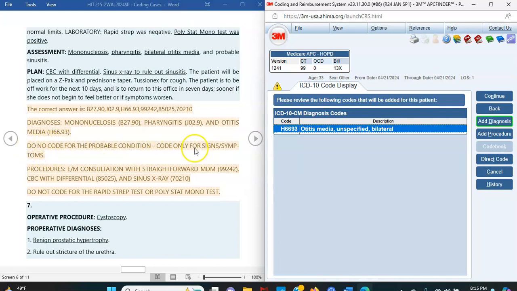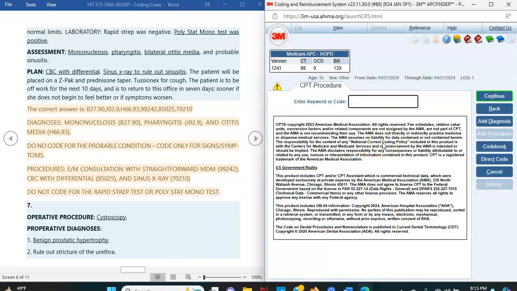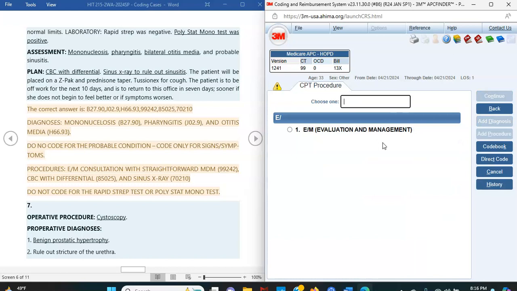And like I said, do not code for the probable condition, code only for signs and symptoms. Procedures. So we're going to code the evaluation and management consult. Let's go to procedures. It's going to be CPT. This is outpatient. So EM. Actually, let's go back.